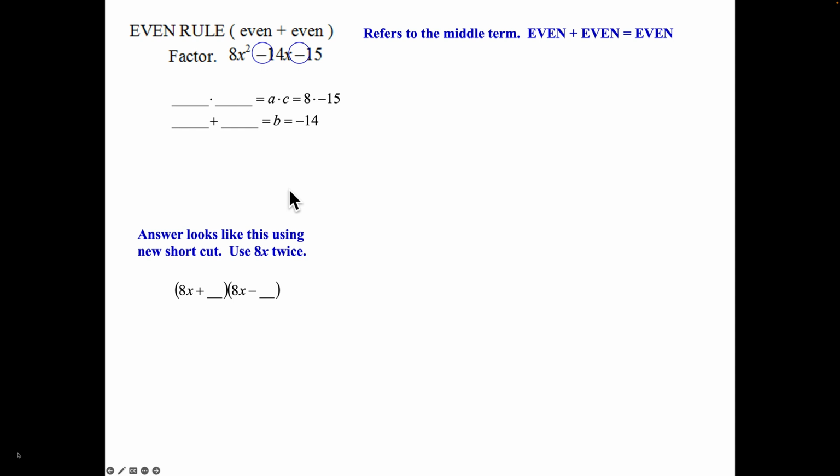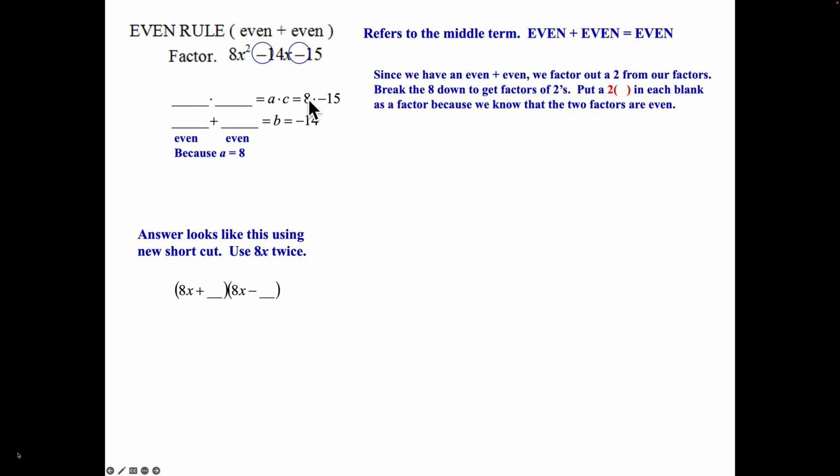Okay, so let me explain the number sense. Since 14 is even, these two numbers have to be even. Now, true or false? Every even number is divisible by 2. So you have to have an even number up here. There's got to be one. It's my 8. Break that 8 down to all 2's. Break your 15 down to 3 and 5.